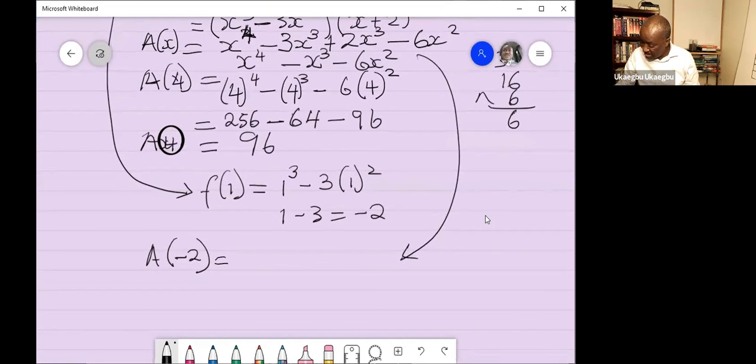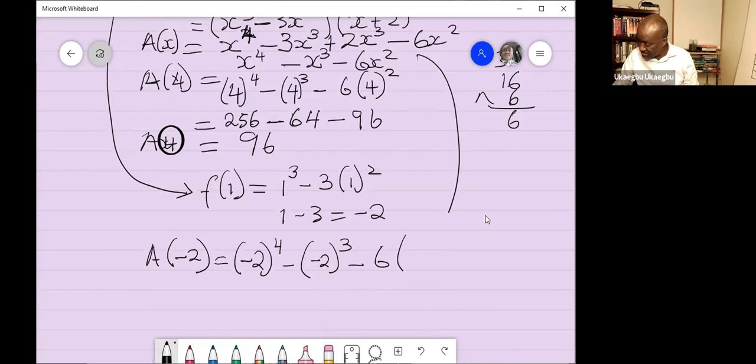We are going to have negative 2 raised to power 4 minus bracket negative 2 raised to power 3 minus 6 bracket negative 2 raised to power 2.